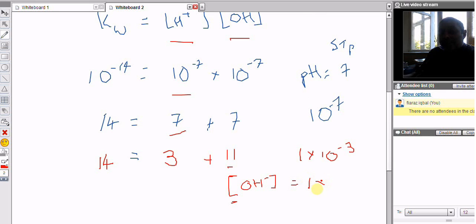And we would expect that. When we have an acidic solution of pH 3, we would expect a silly low concentration of hydroxide ions.